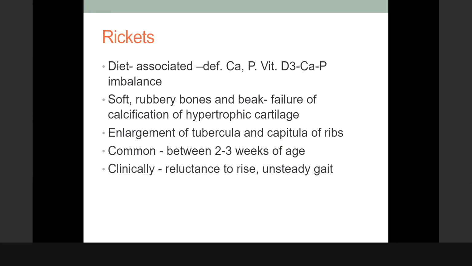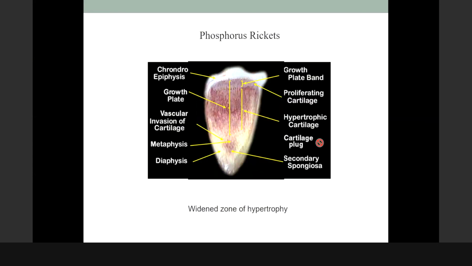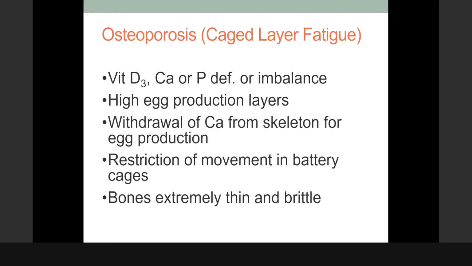When they don't have enough calcium to develop the bone, it is replaced with cartilage. When it's replaced with cartilage, the bone becomes rubbery. In osteoporosis, the bone is already well developed. It's just that because they don't receive enough calcium, the calcium is reabsorbed from the bone, and then they will have fracture cases. So it's the opposite. Both are due to the same problem: calcium, phosphorus, vitamin D deficiency.